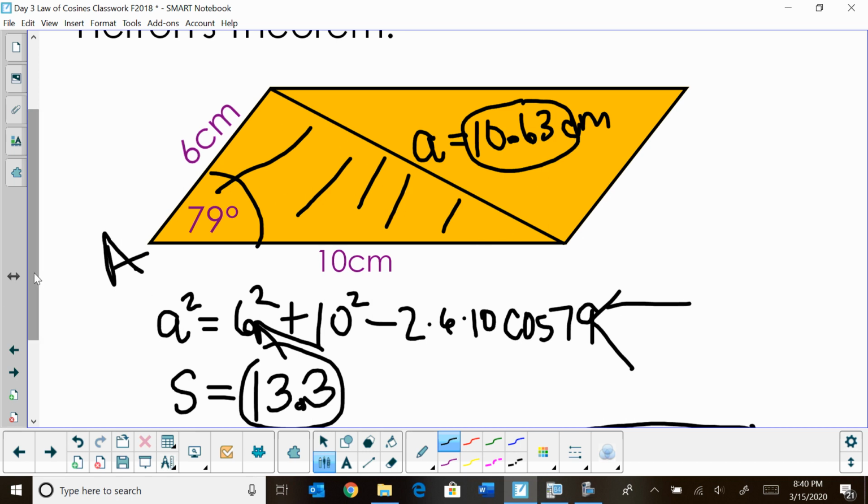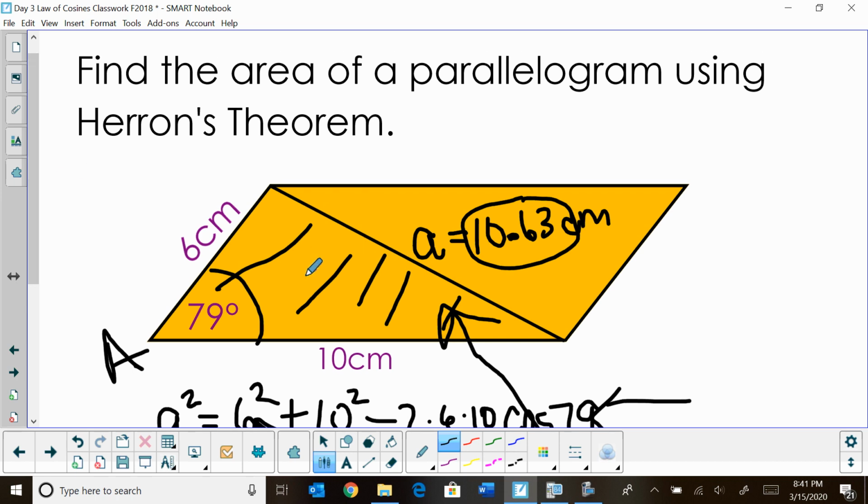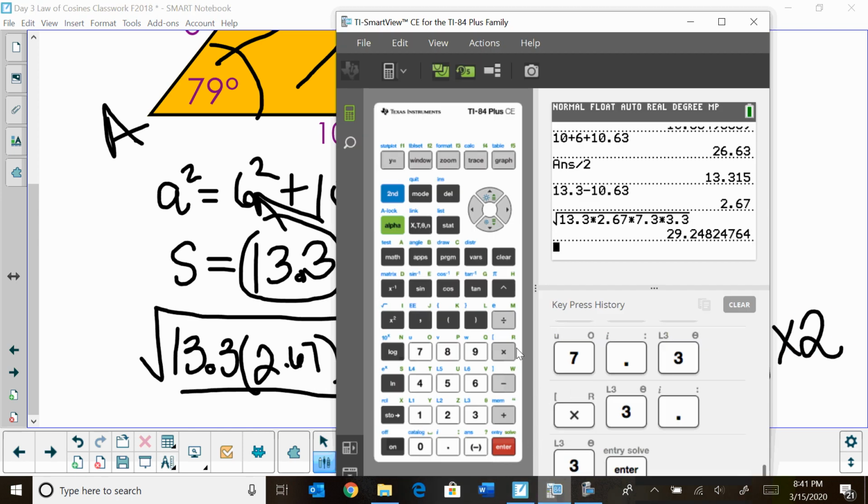Now, is that the area of the parallelogram? No, it's just the area of this triangle. So what do we know about these two triangles? They're the same size. So to find the area of the parallelogram, I'm going to take that and multiply it by 2.